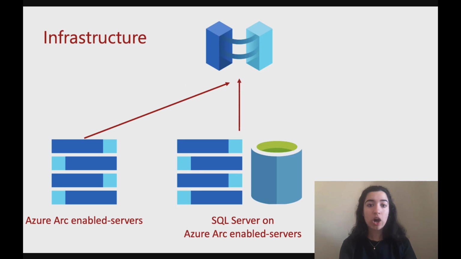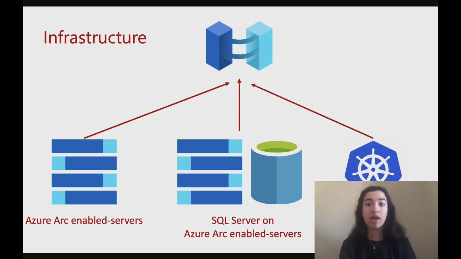So now let's talk about within the infrastructure as a model piece. So today there are three different offerings that we have. The first one is Arc-enabled servers. This one is GA'd. We also have SQL Server on Azure Arc-enabled servers and Azure Arc-enabled Kubernetes.